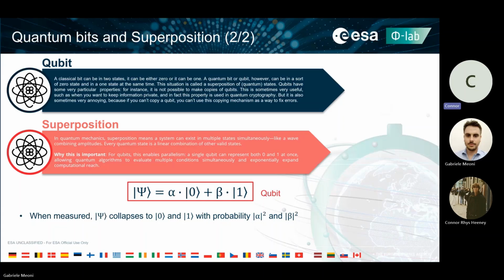And when you measure it, the bit collapses to 0 or 1 with a certain probability, that is basically the squared modulus of alpha and beta, which are complex coefficients. Why is the superposition interesting? Because the qubits are both 1 and 0 at the same time, and this property can be exploited to test simultaneous conditions only once.